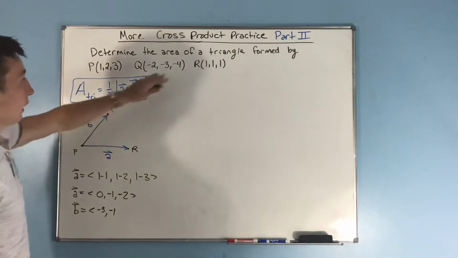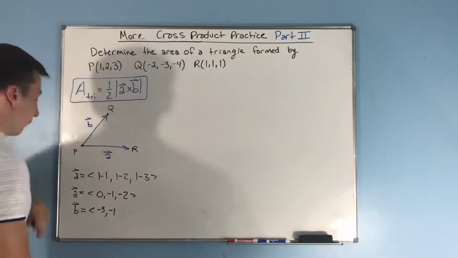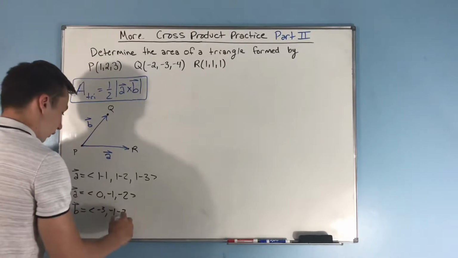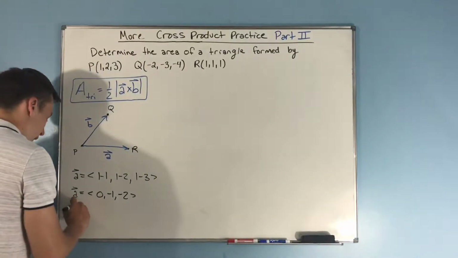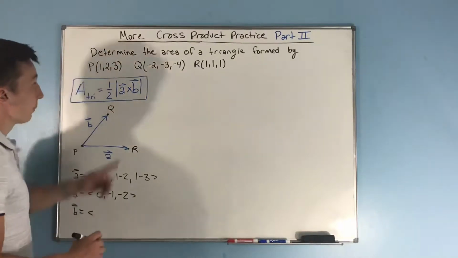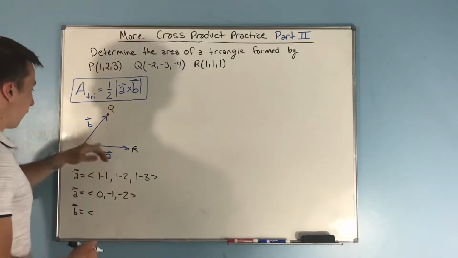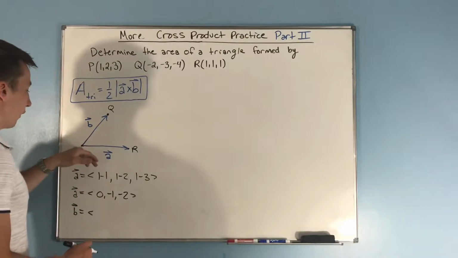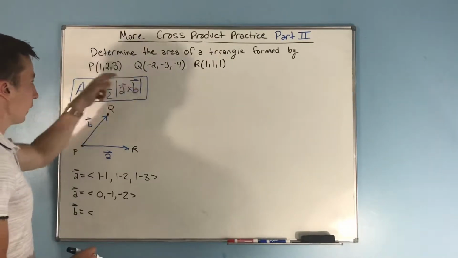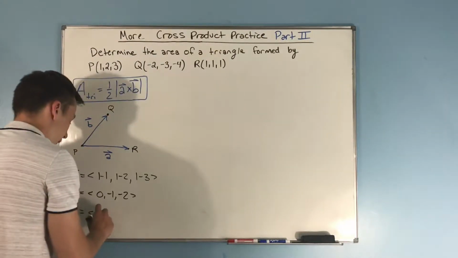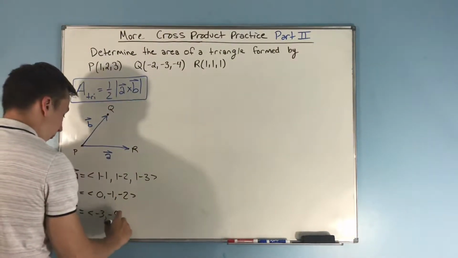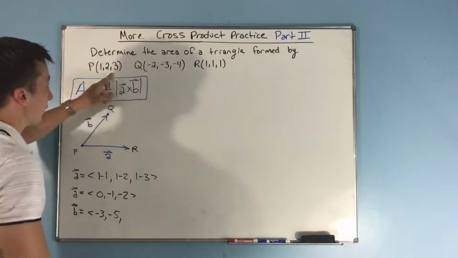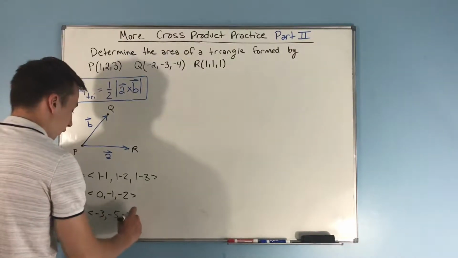Then we have negative 4 minus 3, and that's going to be negative 7.